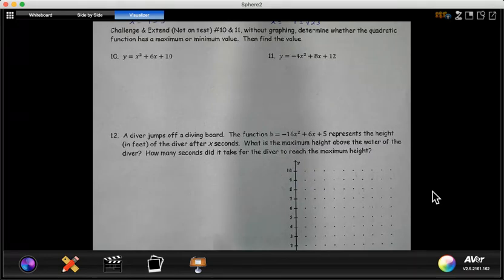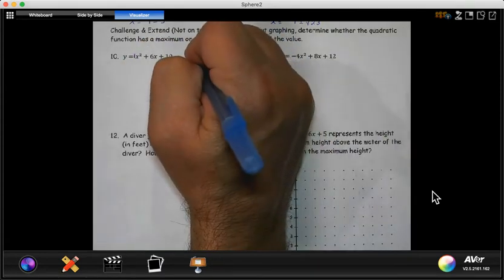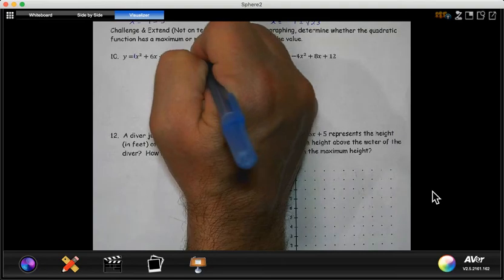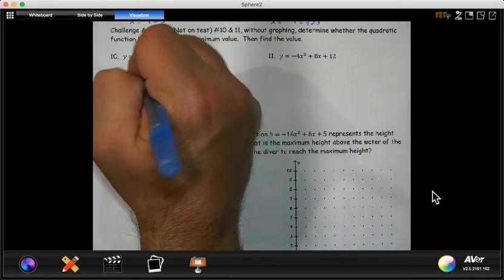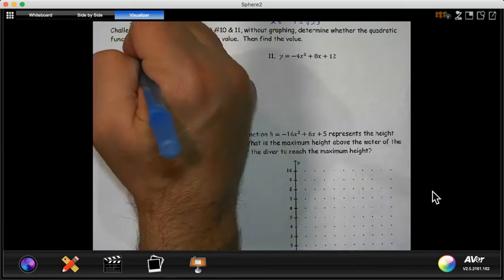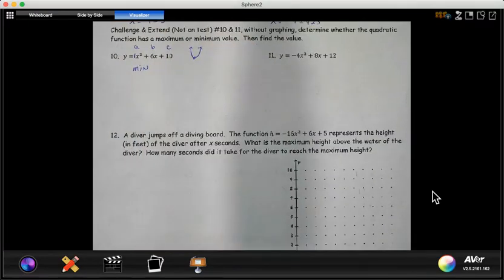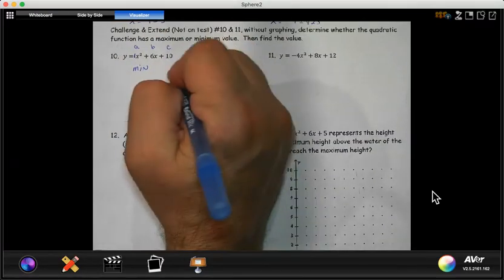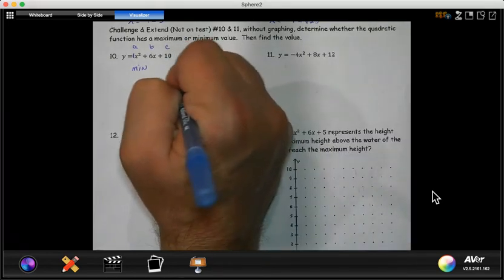Chapter 8. Because the number in front means my parabola is going to open up like this, number 10 is going to have a min. It's in standard form, so I have to identify A, B, C. And remember our formula to find the vertex is negative B over 2A.